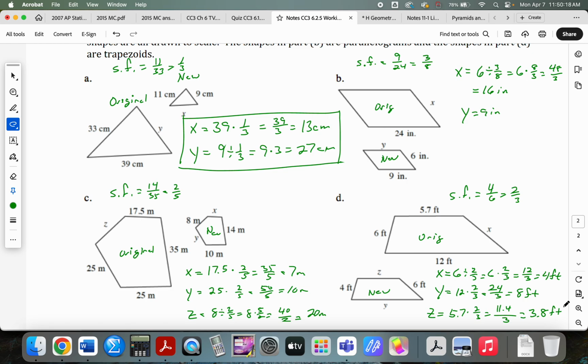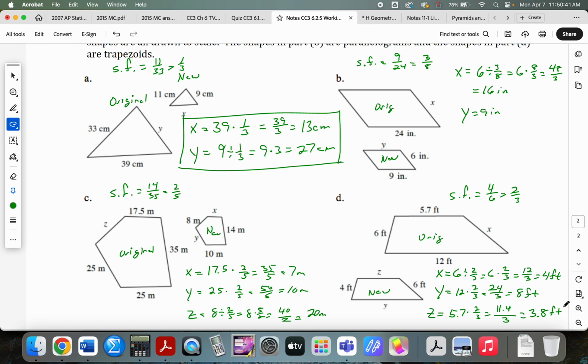Give us X for the next one. How did you set it up? I did 6 times 1.5, which equals 9.